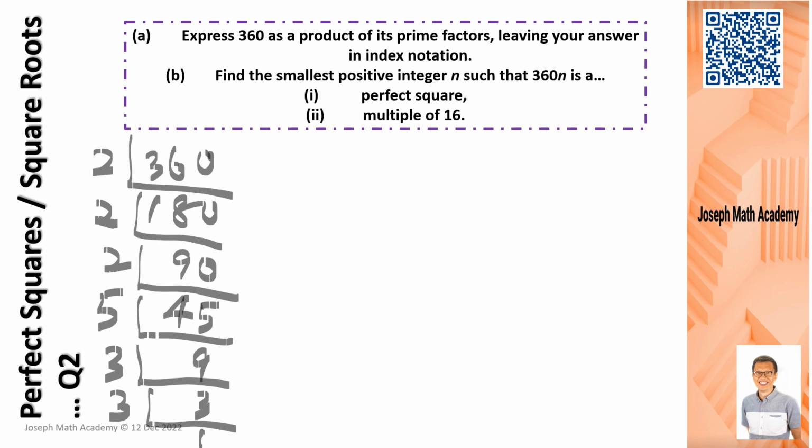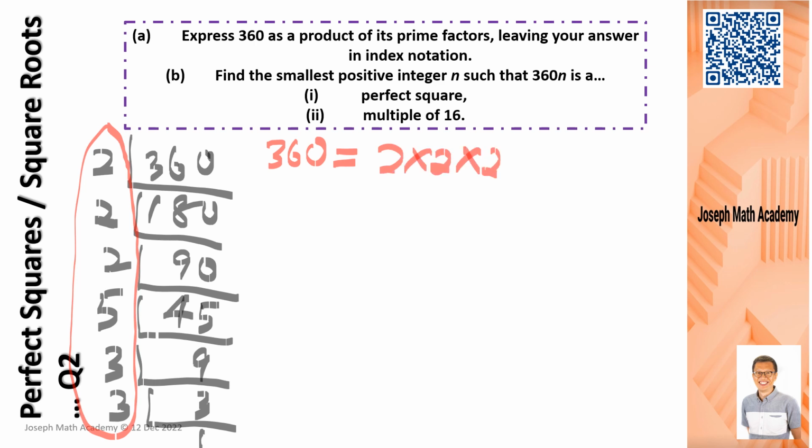Yes, we can stop. And the list of prime factors here should give us the product. So 360 is written as 2 appearing 3 times, 3 appearing 2 times only, and 5 appearing once. And it can be written in this manner for index notation, like that.